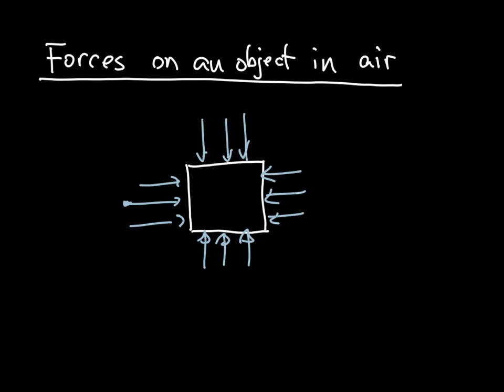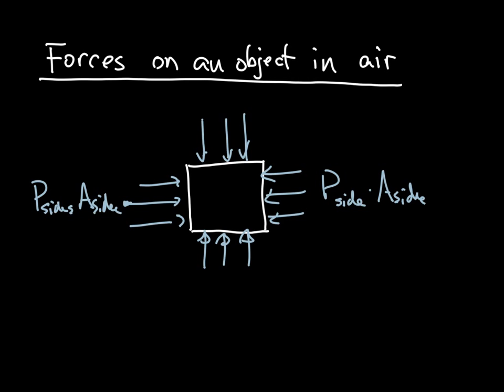So what we can say is that if we want to, we can think about all the forces on this object as being the pressure at the sides times the area of the side. And the same thing over here, the pressure of the side times the area of the side.